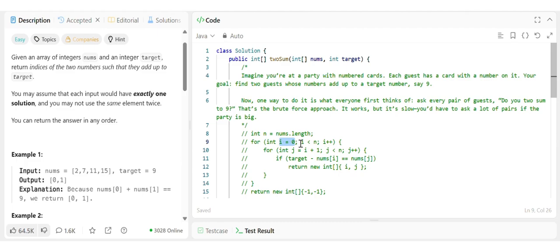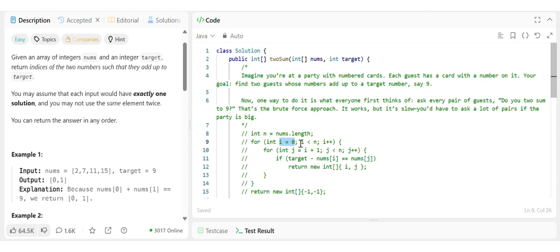We won't check guest 1 with guest 0, because if the sum of guest 0 plus guest 1 is not equal to the target, then it would not be equal the other way around either. So then we will start with guest 2. Does the sum of the numbers of guest 1 and guest 2 equal the target? If yes, okay, great. If no, call guest 3. If no, call guest 4.